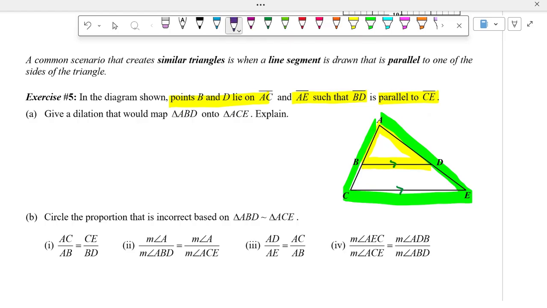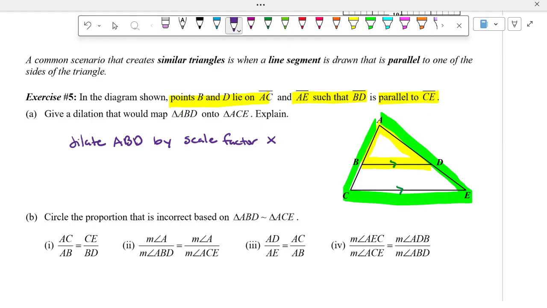Now, how would I give that dilation? Well, I would say that we would dilate ABD by some scale factor.